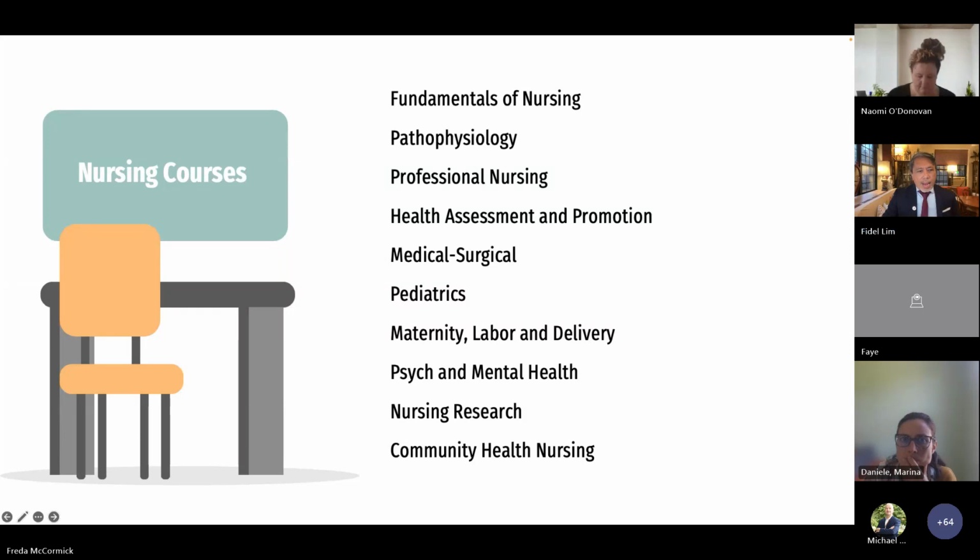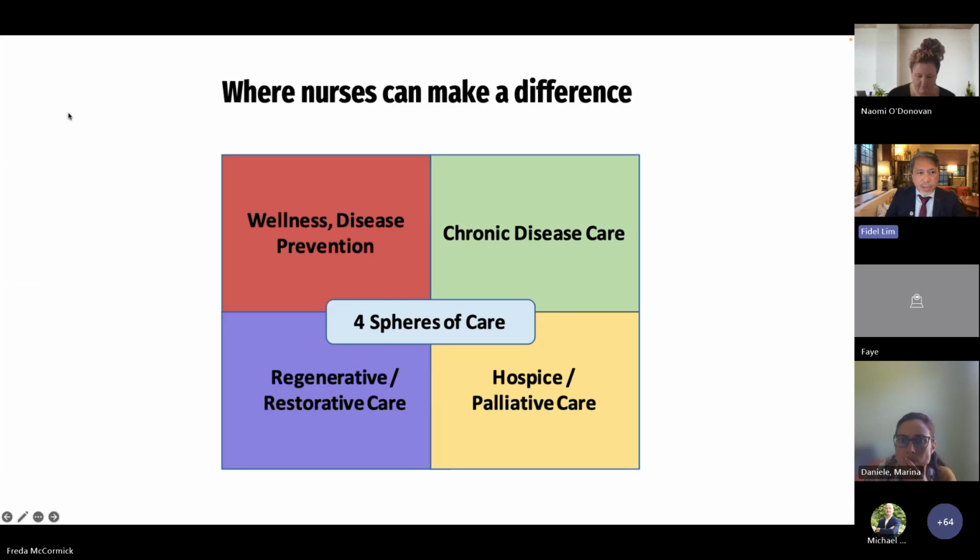So now, if we go to the next slide, we will see what we call here in the US the four spheres of care, according to the American Association of Colleges of Nursing, that there are four areas when we teach nursing.